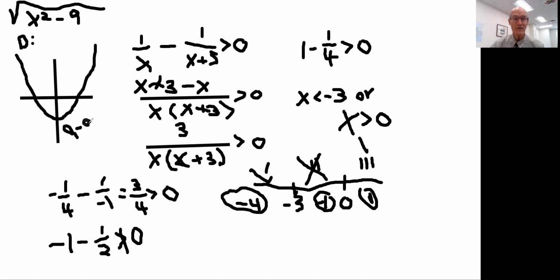And if you factor this, you find that this point right here is 3, 0, and this point over here is -3, 0.